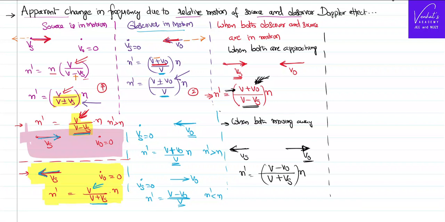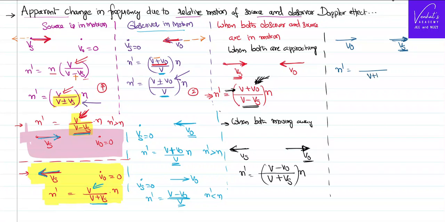Let us consider a case where the observer is going like this and the source is going like this, so the observer is chasing the source. In that case, you can write N dash as follows. See the source: it is moving away, so the apparent frequency decreases.